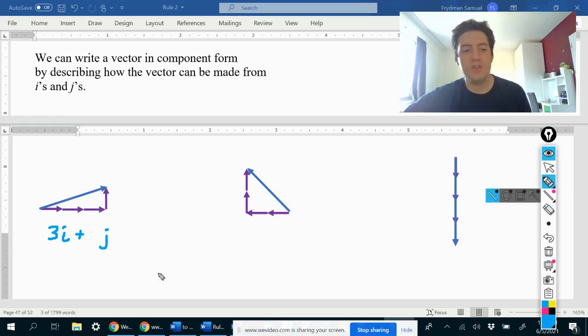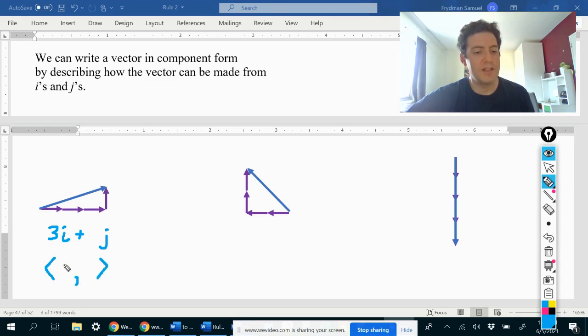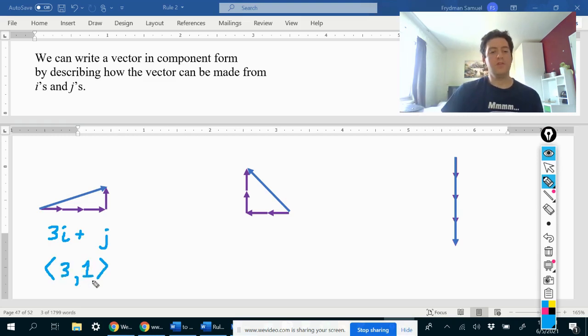There is another notation. We could use what are called angle brackets and say that this vector is <3, 1>, where the first space is how many i's you have, and the second space is how many j's you have. It's very similar to writing coordinates on a coordinate plane.